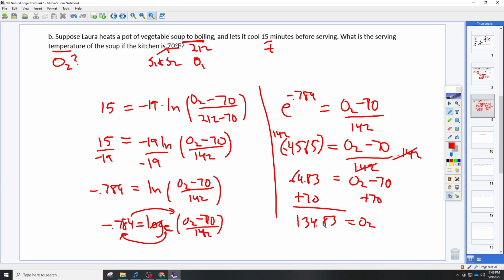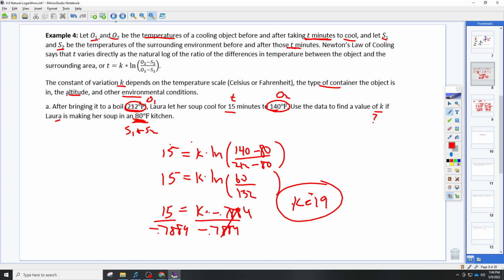This one was pretty involved. So what are we looking at? Let's go back and see. What is the serving temperature of the soup? If it's in a 70-degree kitchen, it would be 134 degrees Fahrenheit. So we started at 212 as our boiling temperature. And over the 15 minutes, if it's a little bit cooler, we got down to 134. What was it before? Oh, okay.